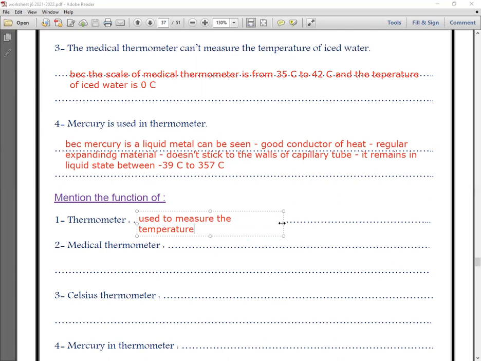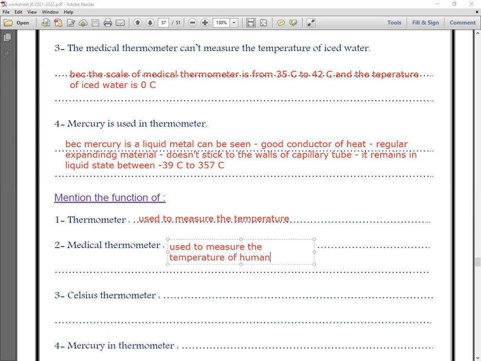Number 2, the medical thermometer. The medical thermometer is used to measure the temperature of the human body.